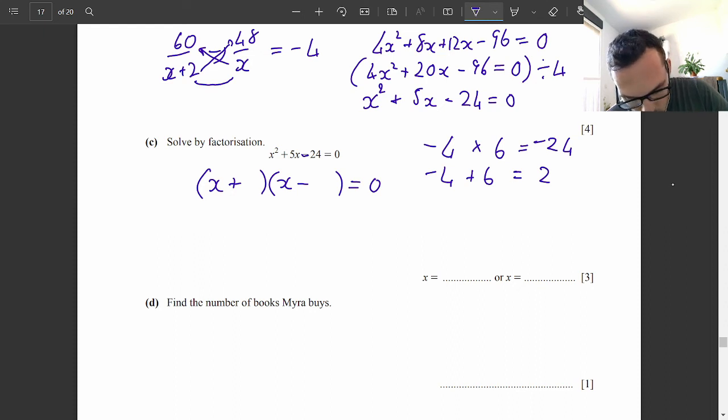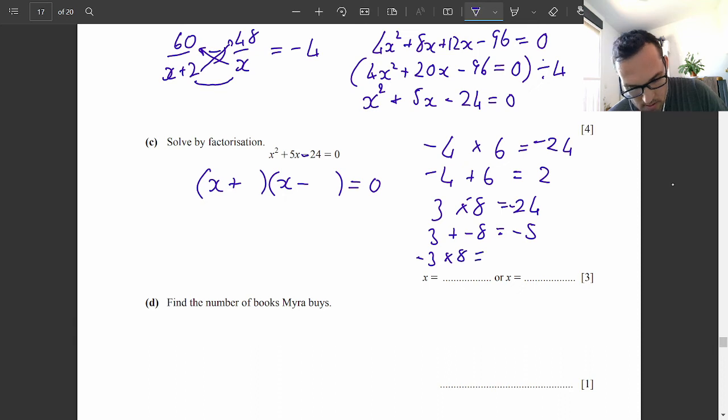And what springs to mind here with me is 3 times 8 is 24. One of them needs to be negative. Let's say if the 8 is negative, adding them together will give me a negative 5. We want a positive. So let's swap that. Let's make the 3 negative and the 8 positive.